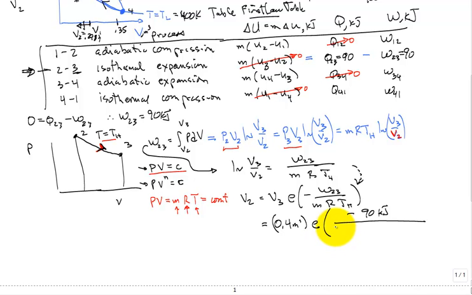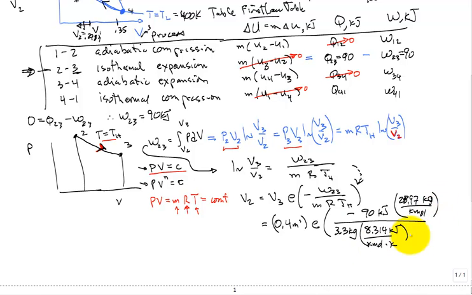Which is 3.3 kilograms. Then we had R bar, 8.314 kilojoules per kilomole Kelvin. And then I'm going to put the molar mass up here of 28.97 kilograms per kilomole.